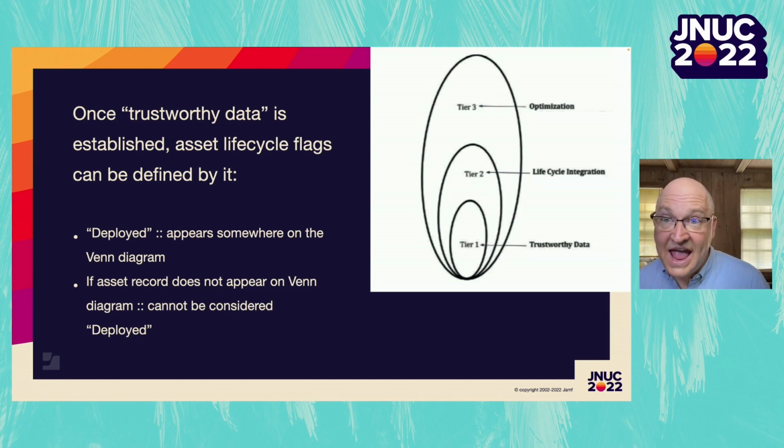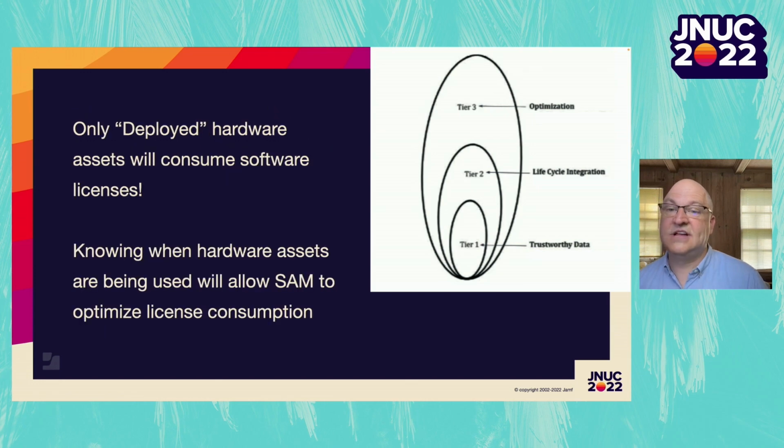Now, beyond that, when we get into the cost optimization, consider this: only deployed hardware, 95% of the time, but run with me, only deployed hardware is going to consume your software licenses. So the sooner you can detect when that asset comes off the wire and goes back into inventory, you can release that software license and give it to somebody that needs it.